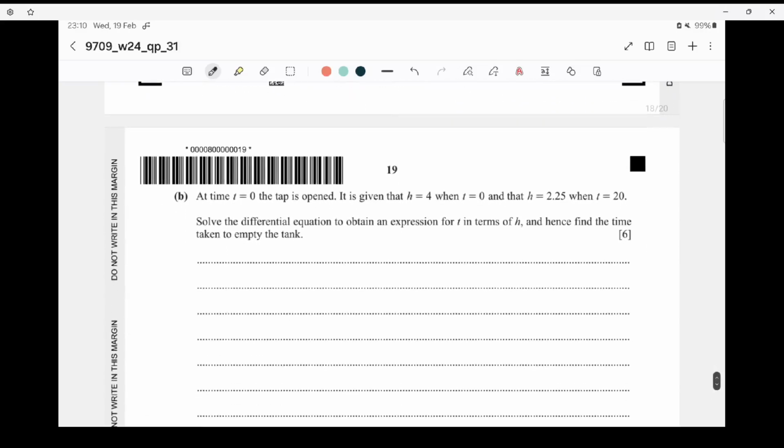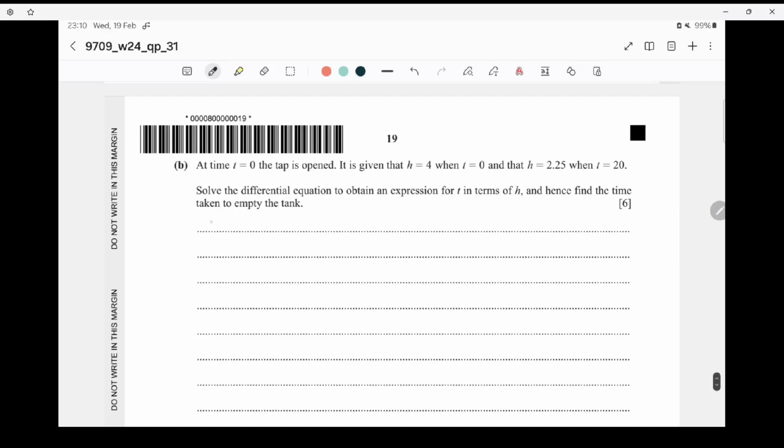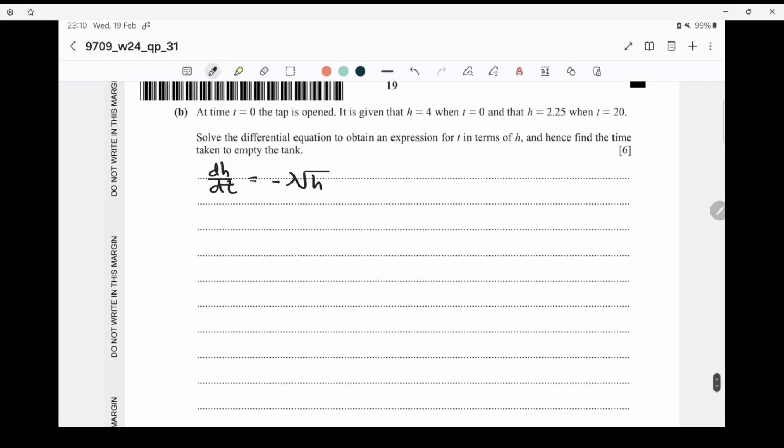At time t equals 0, the tap is open, h is 4. When t equals 20, h is 2.25. Solve the differential equation. So essentially you are given two initial conditions. The differential equation is dh over dt equals minus lambda square root of h. So you integrate on both sides.